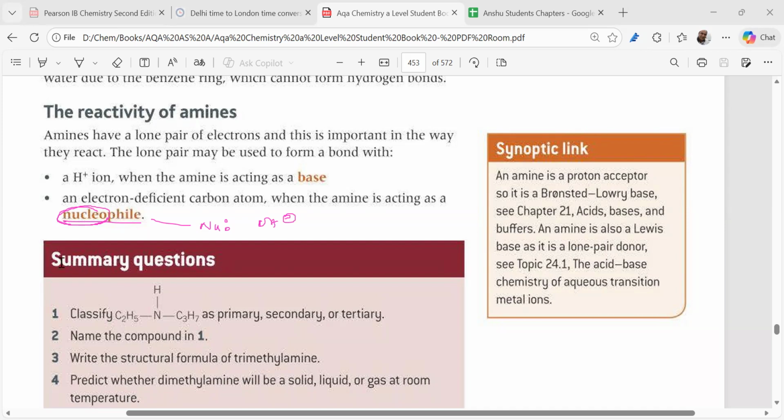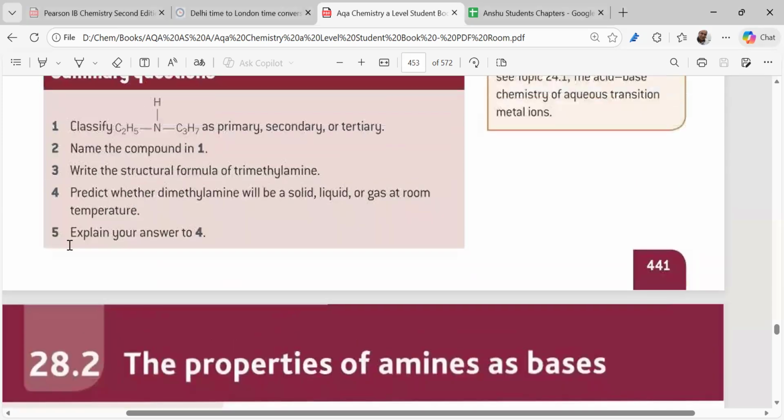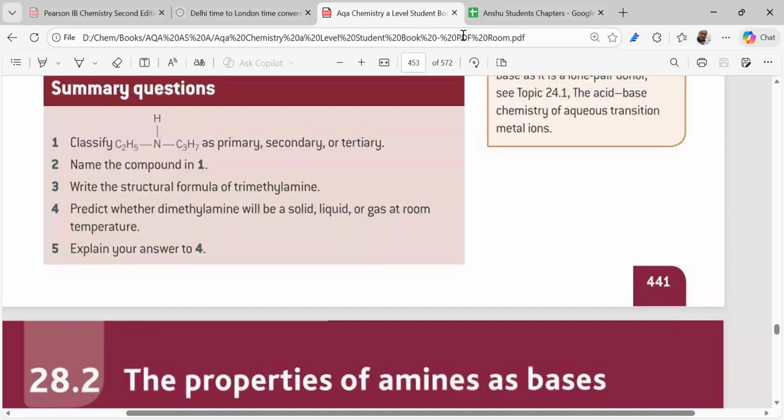Now, having said this, they're asking this question: draw the structural formula of trimethylamine. So trimethyl, CH3, CH3, CH3. They're asking whether dimethylamine will be a solid, liquid, or gas at room temperature. Dimethylamine will be a gas. We have to learn that.